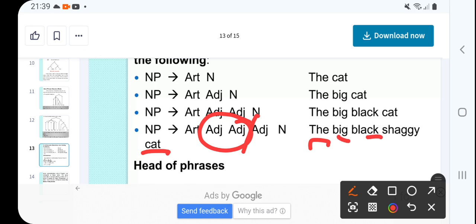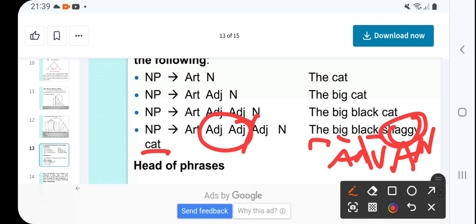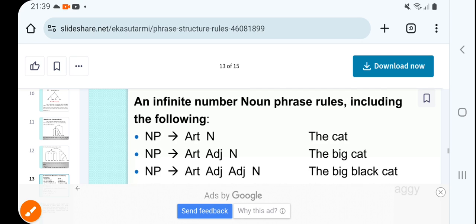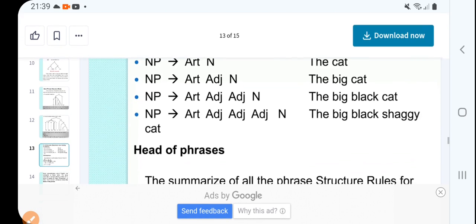All these two become adverbs. This is the adjective. Shaggy is the adjective, because one adjective is used in a sentence and other adjectives convert into adverbs, right? So this is somewhat the big definition of a noun phrase. A noun phrase can have an article and noun, which is no doubt compulsory, but in the beginning an adjective phrase can be there or an adverbial phrase can also be there.